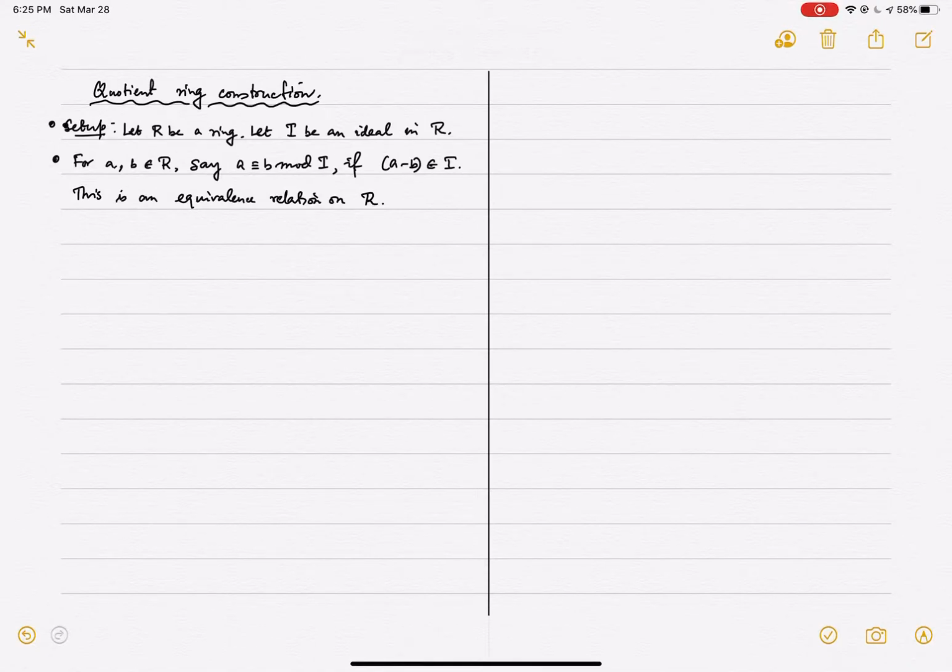The equivalence class of an element a is also called the congruence class. The congruence class of a is the set of all the elements in the ring that are related to a via this relation. This set is also called the coset of a.